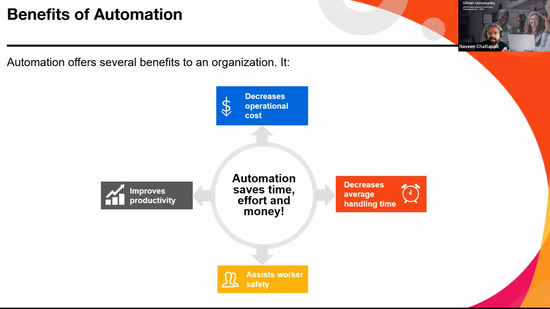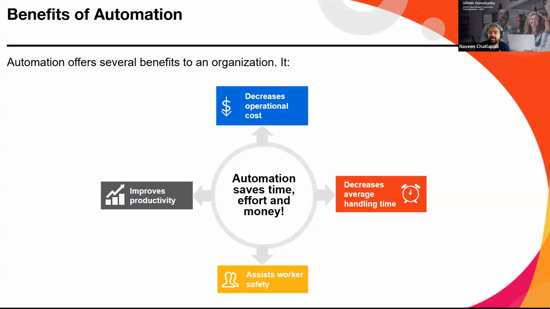There were times when cars were manufactured where humans used to collaborate and fix each and every part to become one big car. Instead of that, automation has come into the picture nowadays, and most of the things that humans cannot do, it is able to do within a couple of minutes or a couple of hours, and it is decreasing the average handling time.